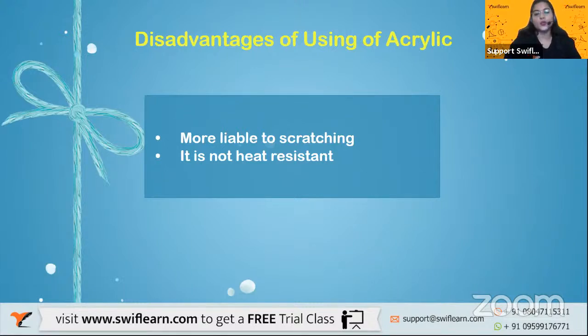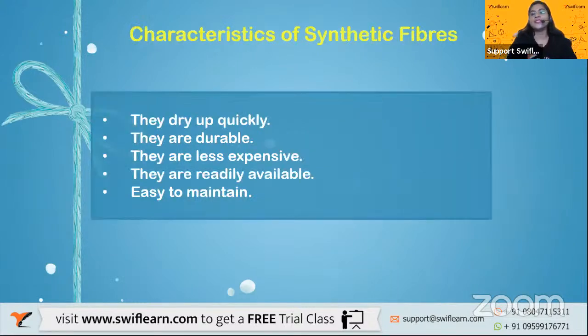Right. Chalo. So the last portion of this lesson is the characteristic feature of the synthetic fiber. Okay, so these are the general characteristic features of all the synthetic fiber which we have already studied in the previous session. So what are they? They can be dried up very quickly. That is very important, right? They are durable, long lasting. We can use them for a long period of time. Very less expensive.